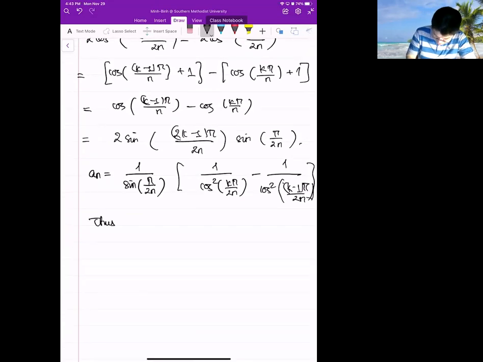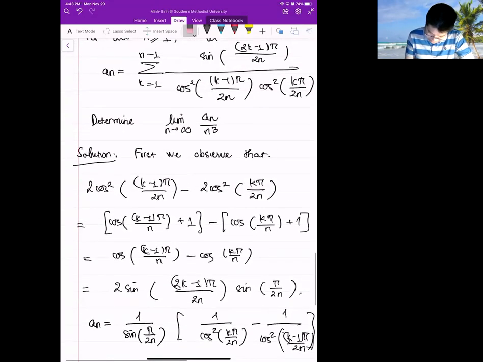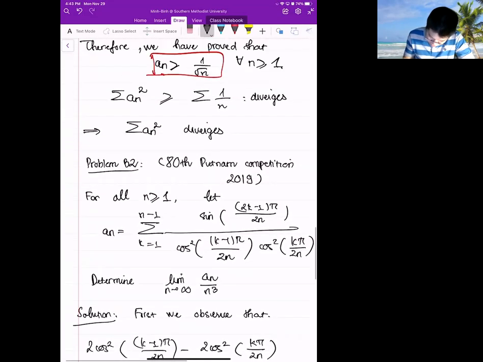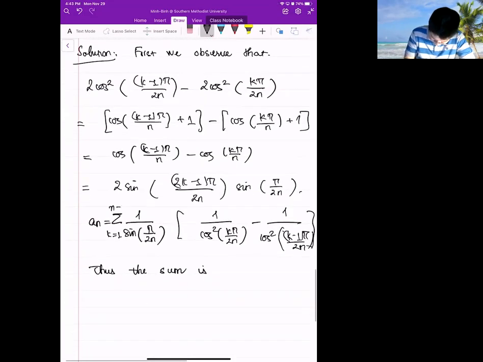Thus the sum, from 1 to n minus 1, is telescoping.